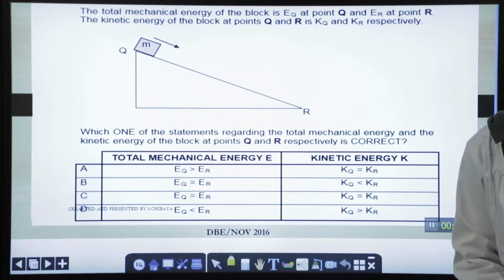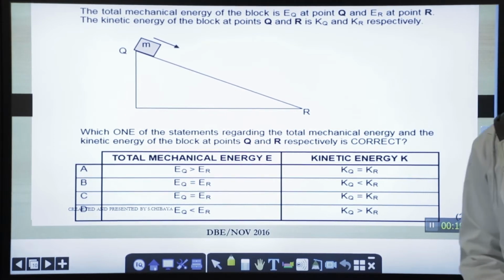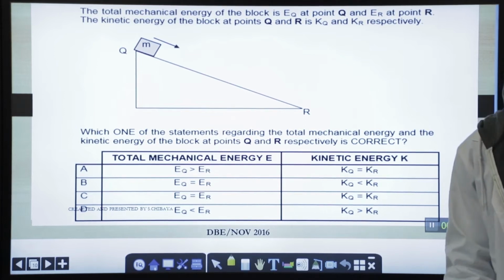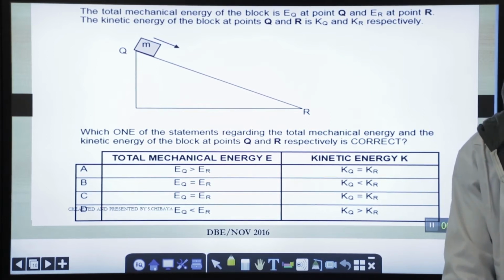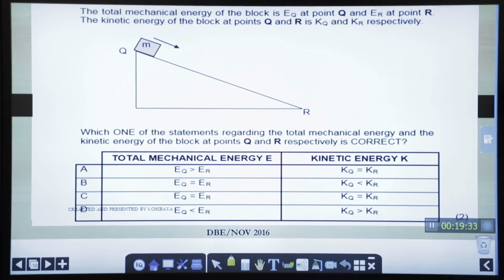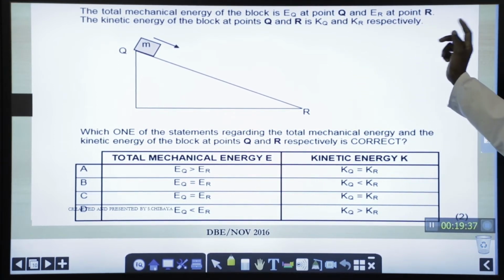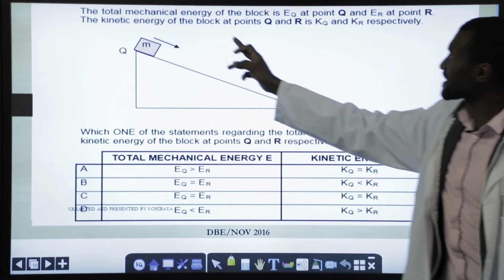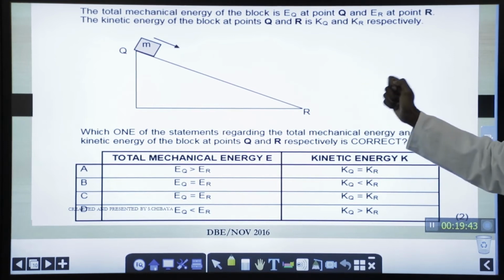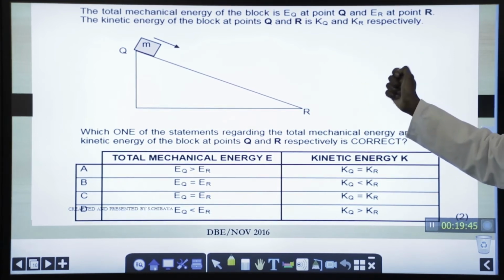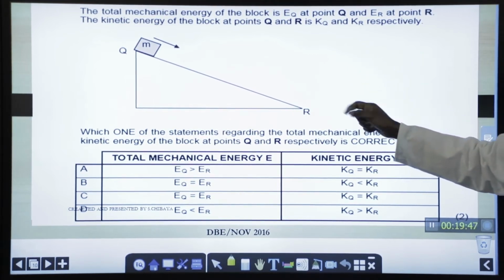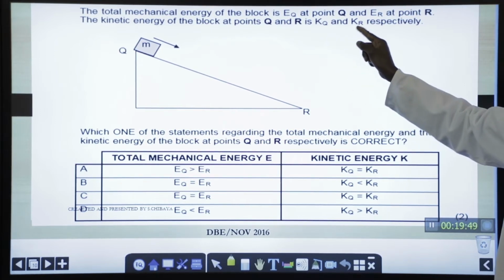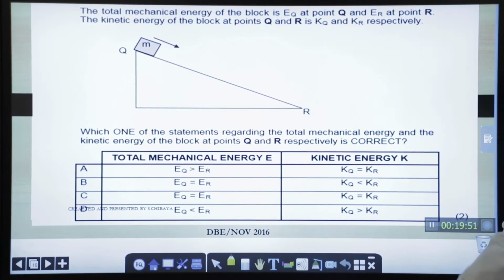The total mechanical energy of the block is EQ at the point Q and ER at the point R. The kinetic energy of the block at the point Q and R is KQ and KR respectively.